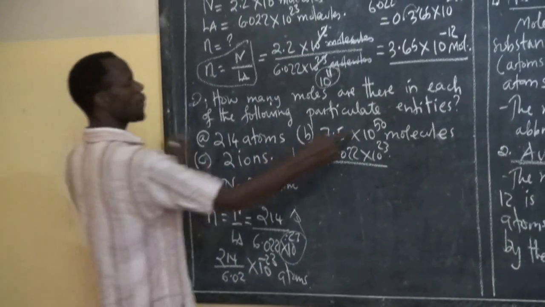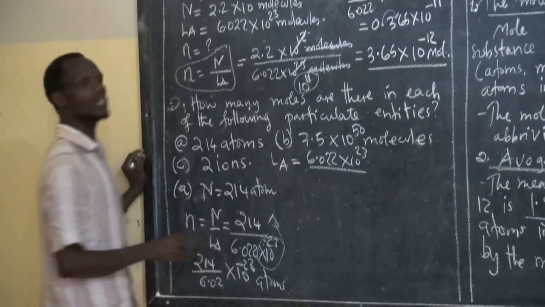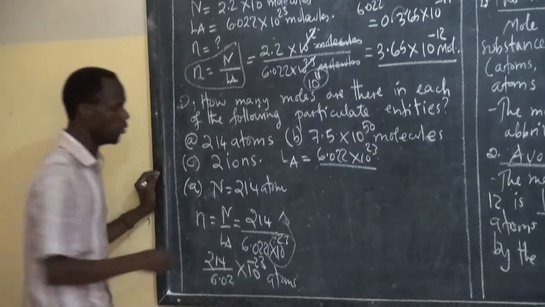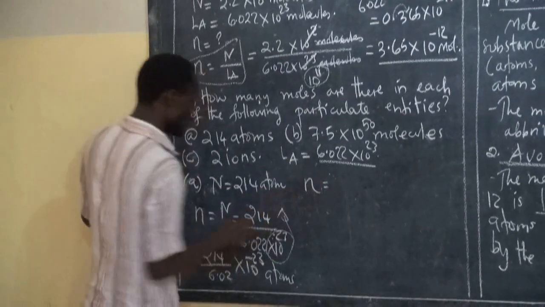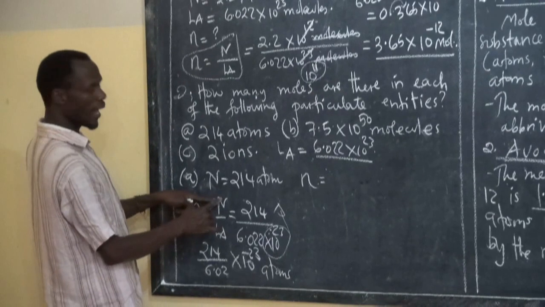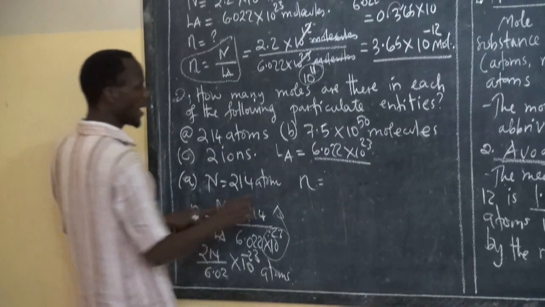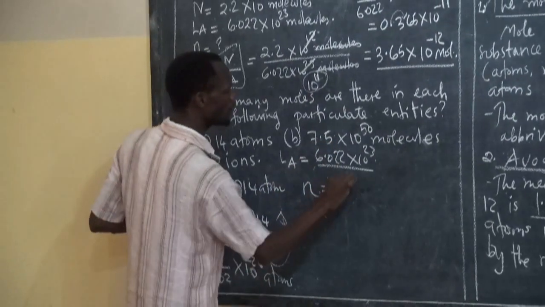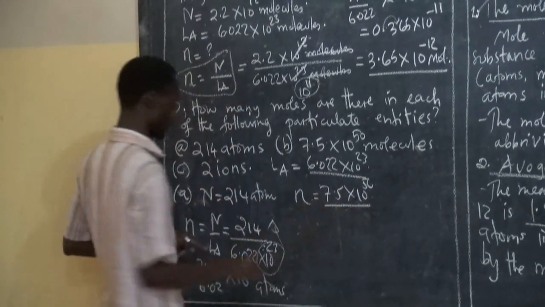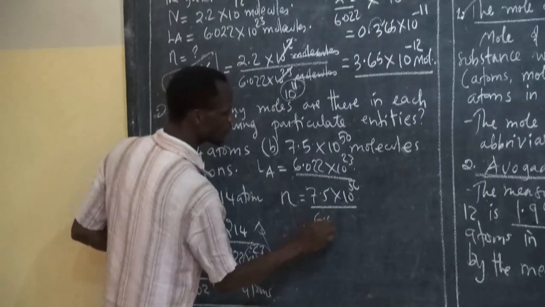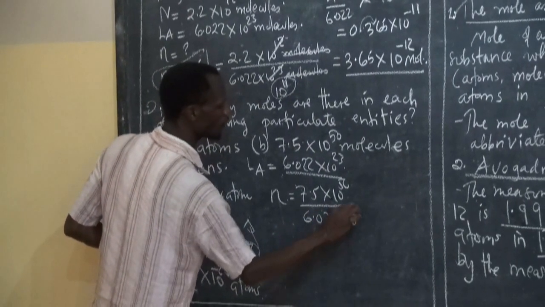Then if now you're talking about molecules, the same applies to it. Amount of substance is equal to capital N over L. Now N, we have 7.5 times 10 power 15 molecules, divided by L, 6.022 times 10 power 23.